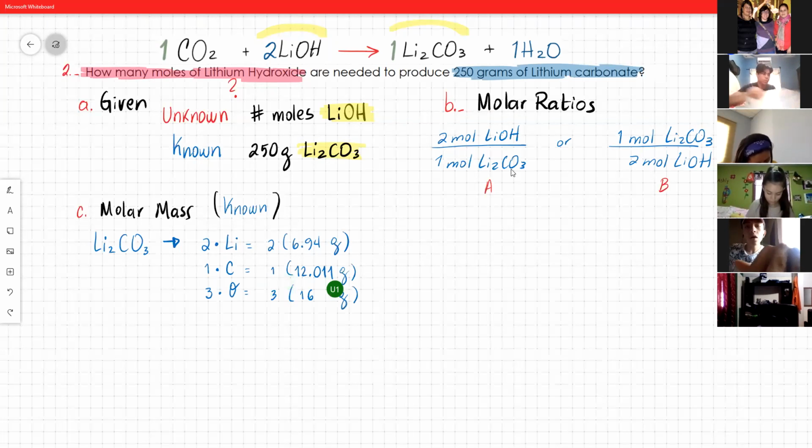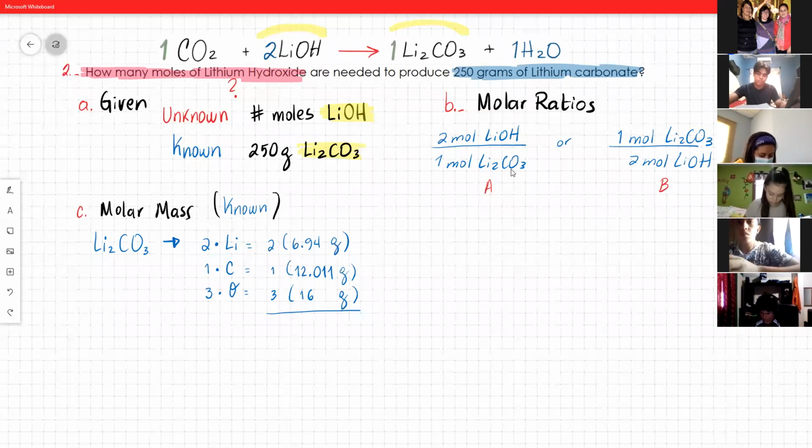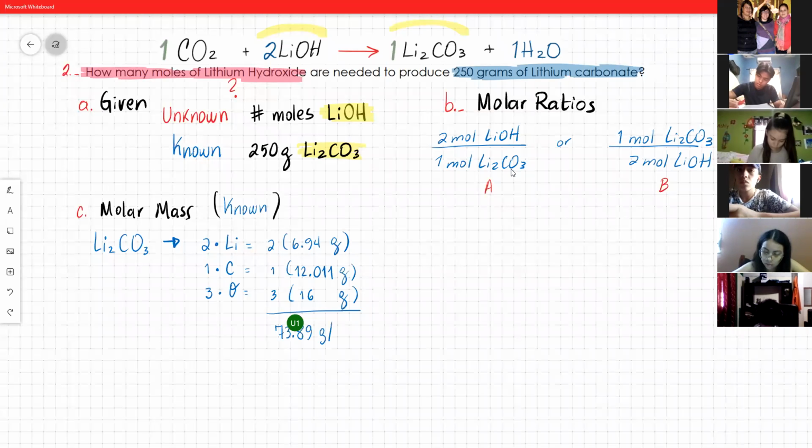How much do you get? 73.89. Okay, this is grams per mole of the substance liquid, okay?